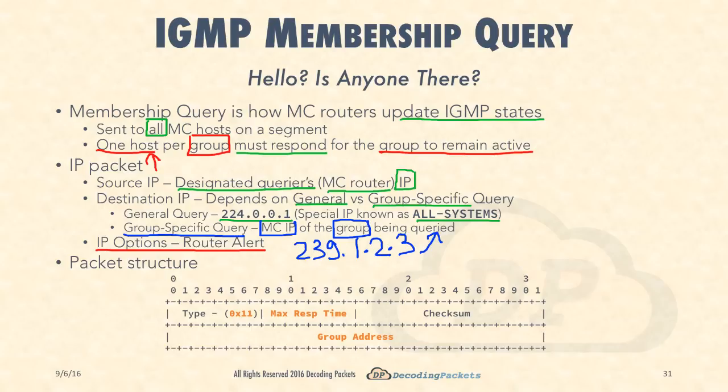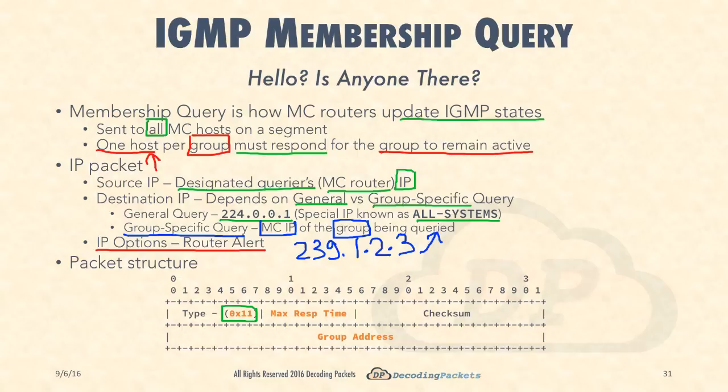This time in the packet structure, we are introduced to a brand new field. First there is the type that has been there in every one of these. The type now is 0x11. The same message is used, so general queries and group specific queries both use the same type. General queries existed in version 1, so this is both for version 1 and version 2. There's not a divergence there.